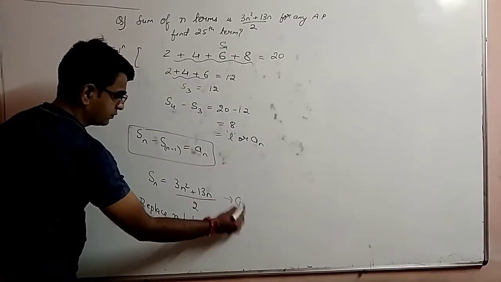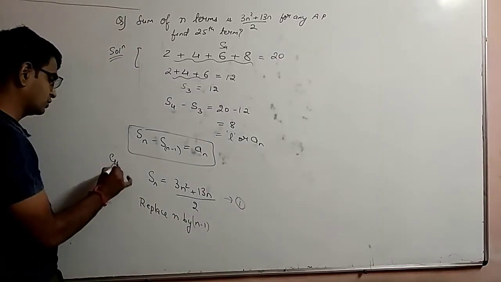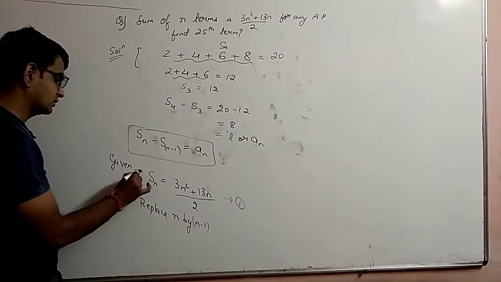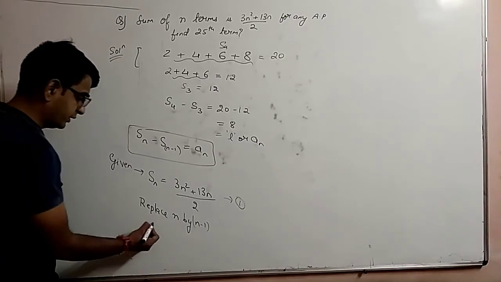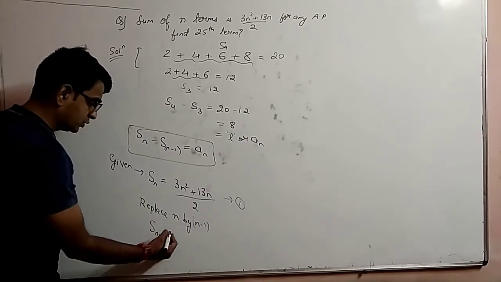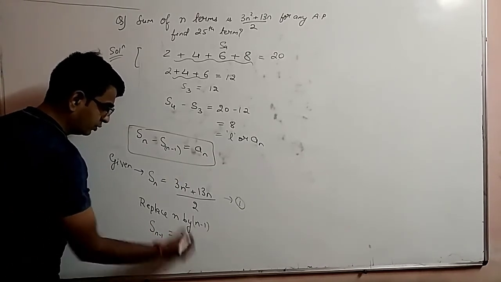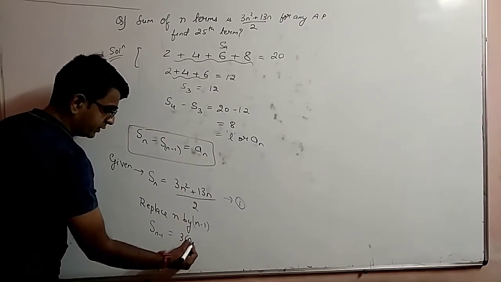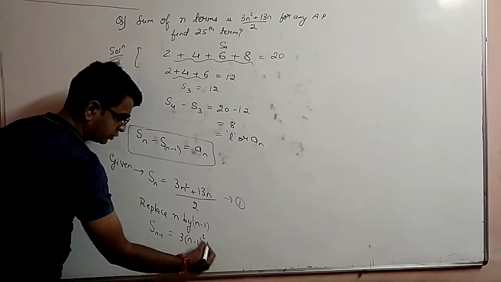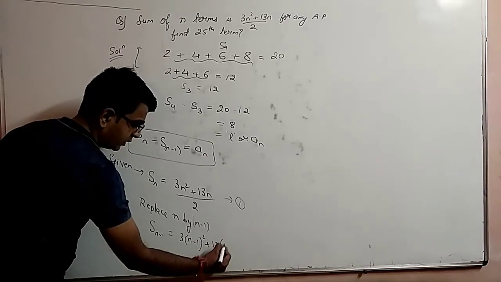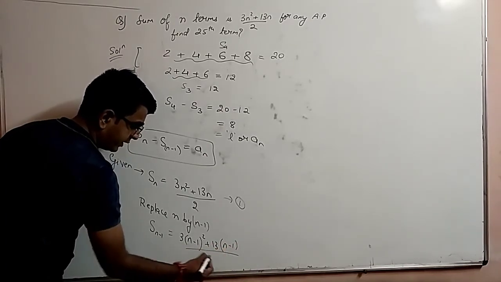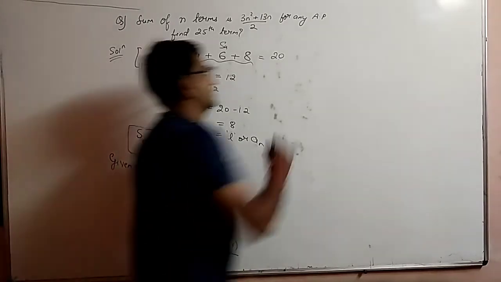Let's suppose this is the first equation and this equation is given to us. So what I will get is S of n minus 1 is equal to 3 into, instead of n I can write (n minus 1) whole square. Here also instead of n I will write n minus 1.